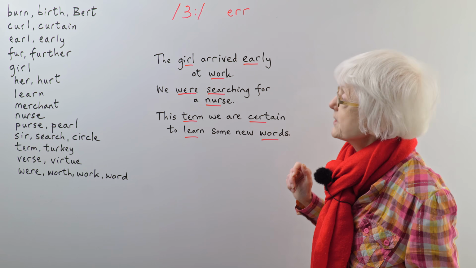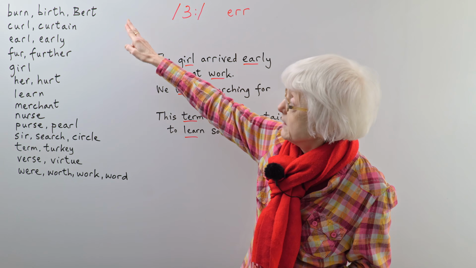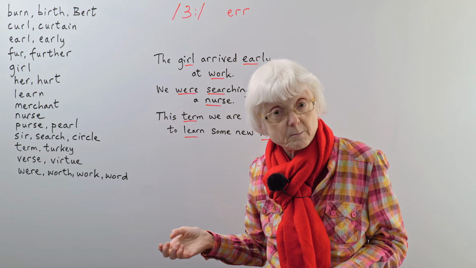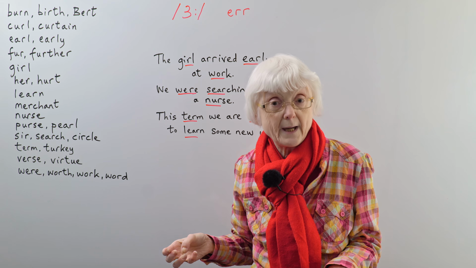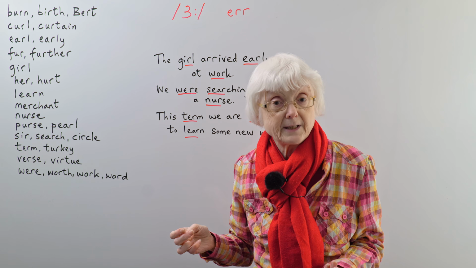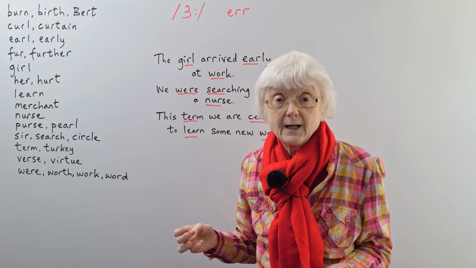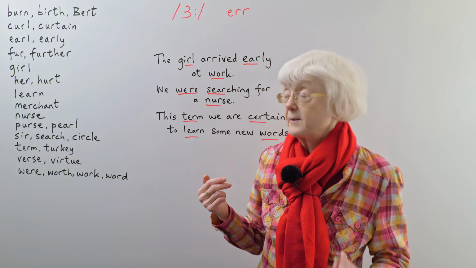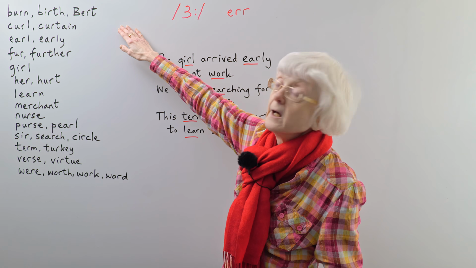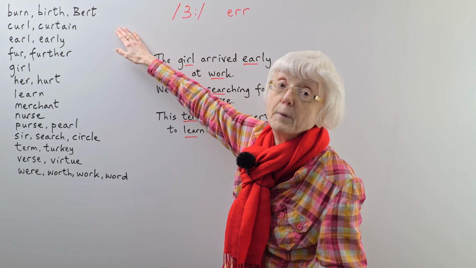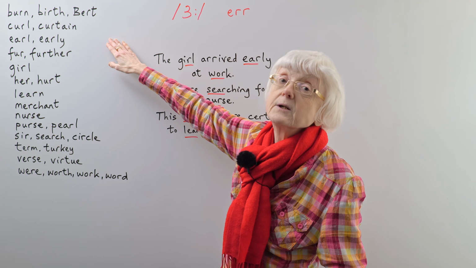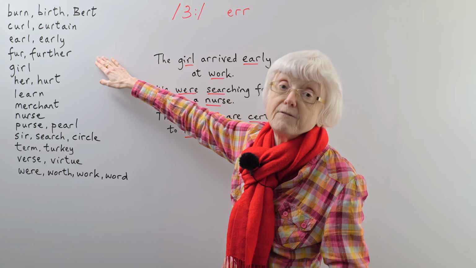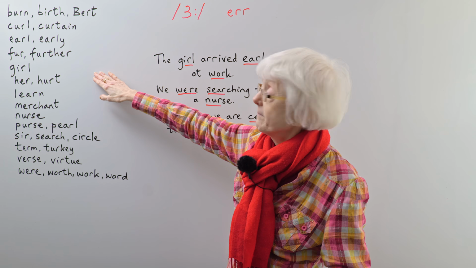Okay, good. So just to finish with, I'll go through the list again fairly quickly so that you can hear me say these words in a natural way where I'm not emphasizing them too much. And listen out, say it with me if you'd like to. Okay, so here we go. Burn, birth, Bert. Curl, curtain. Earl, early. Fur, further.